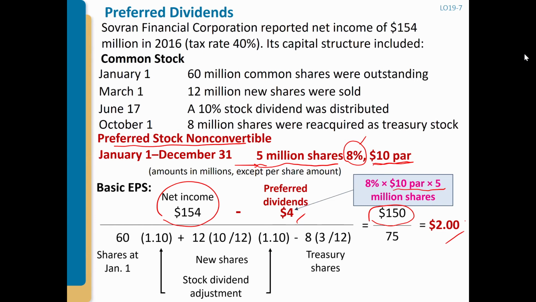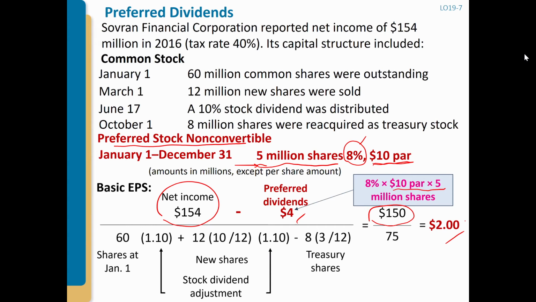Question on this? Professor? Yes, go ahead. If the preferred stock is not for the whole year, like January to September, is it also the same thing? Then we need to calculate it partially, right? You mean the partial is the remaining months? It depends. Let me think about that.